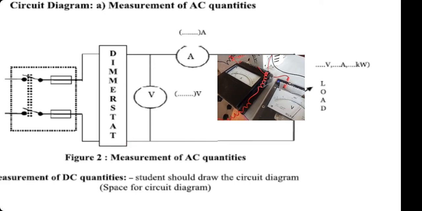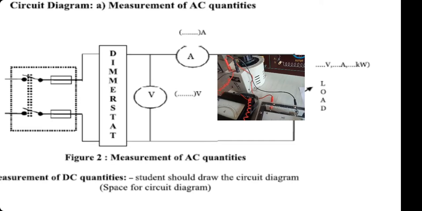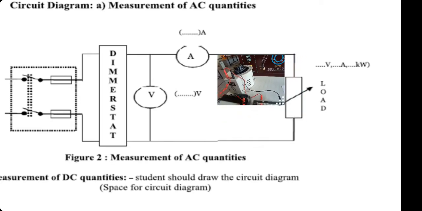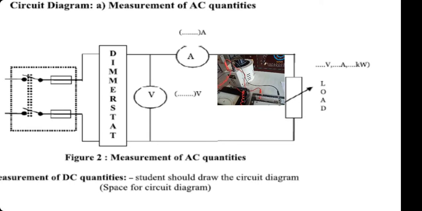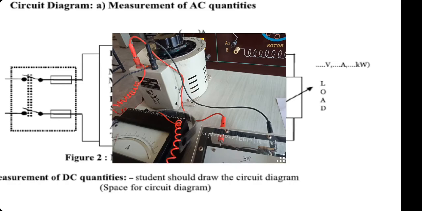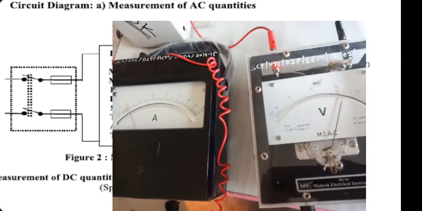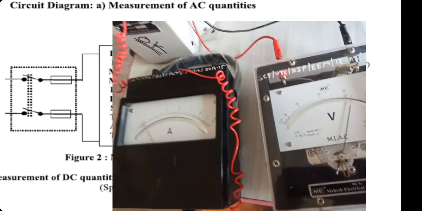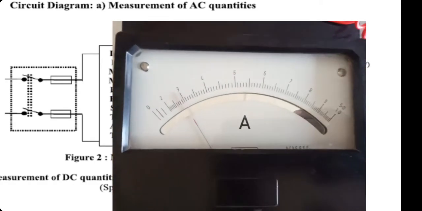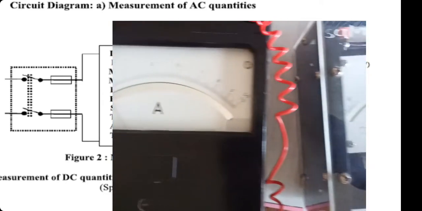In this way I have performed practical number 4, measuring AC and DC quantities. Same for DC quantities, the student should connect all the circuitry, note down the readings in the observation table, and write the results, interpretation of results, and conclusion for this experiment.